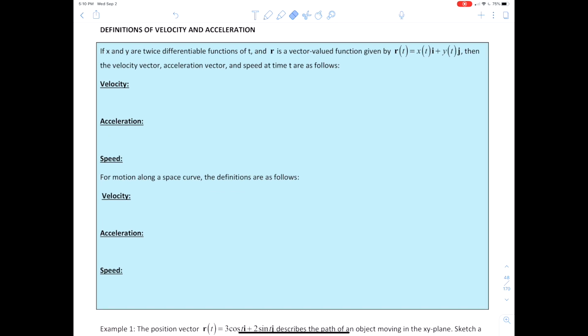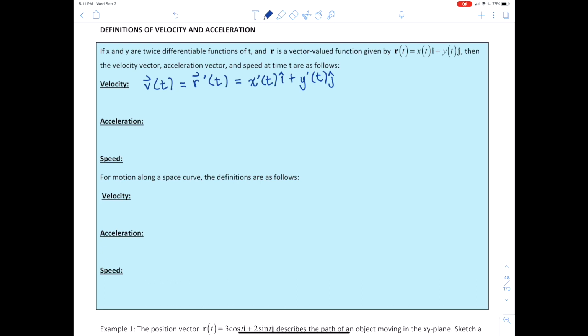Our velocity vector is denoted v(t), and that's just equal to r'(t), and that in turn is what? Beautiful. It would be x'(t) times i plus y'(t) times j.